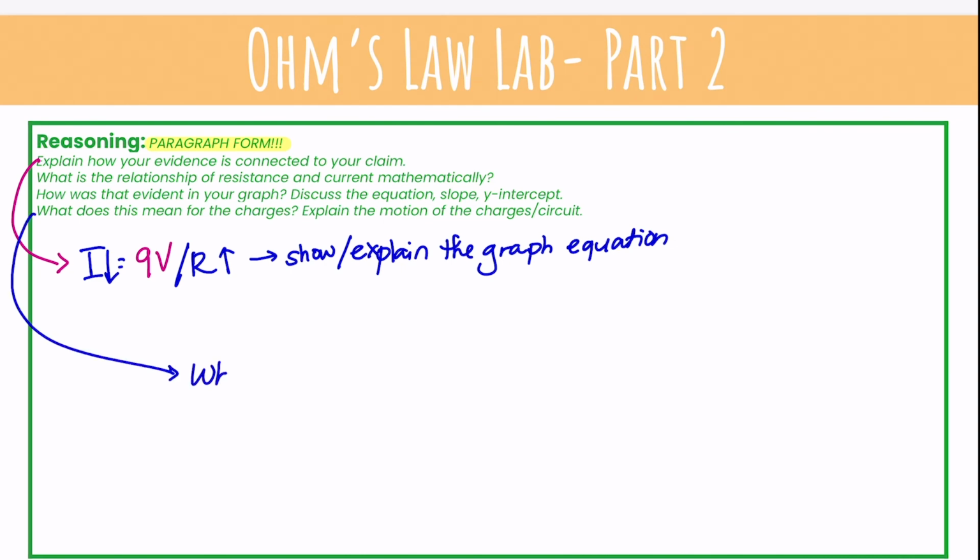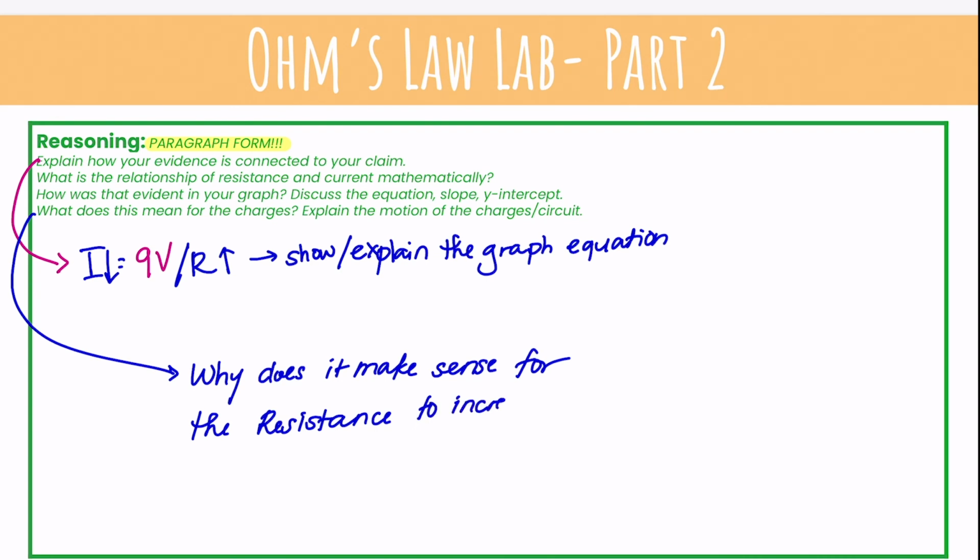Right, so once again, why does it make sense for the resistance to increase and the current to decrease in this situation? Okay, and so then as the same thing, explain each of these points. All right, and so that is Ohm's Law Lab Part 2.